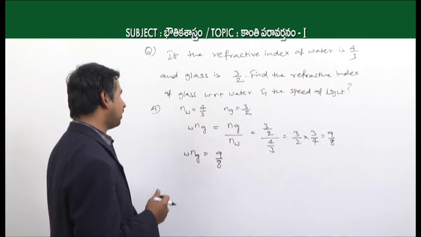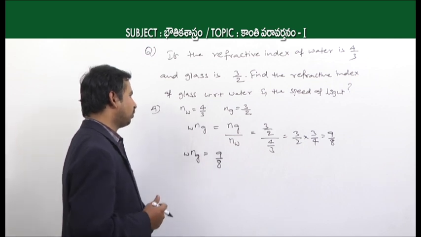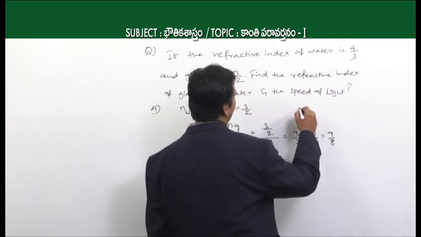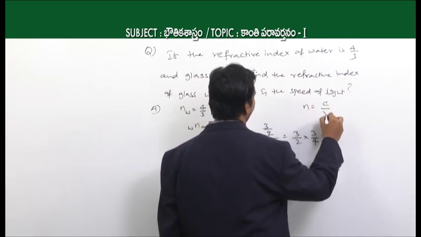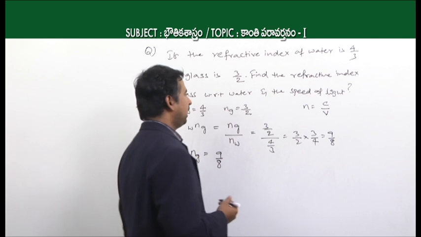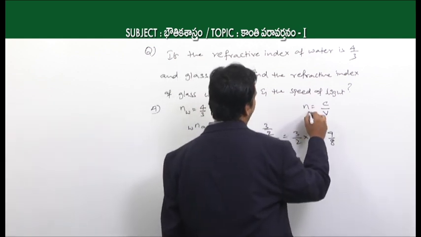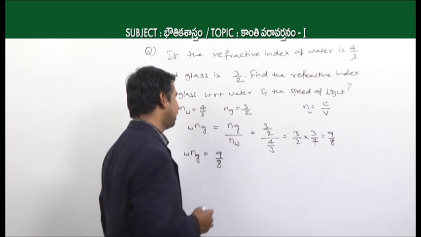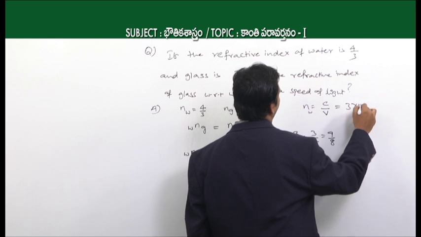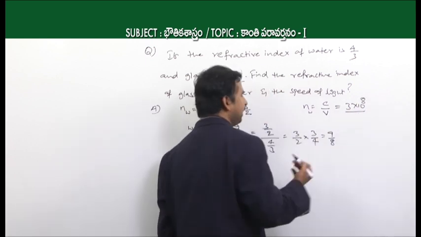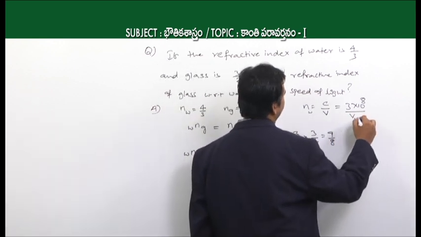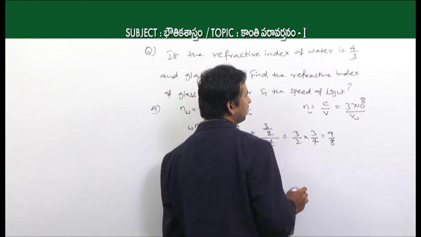As it is given that the refractive index of water is 4/3, we know that n is equal to c/v, where n is the refractive index. As it starts from water, we take water first. Here c is 3 into 10^8 meter per second, divided by the velocity, and in the case of water we are finding the velocity in water.